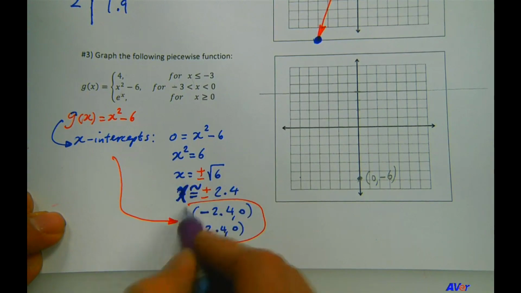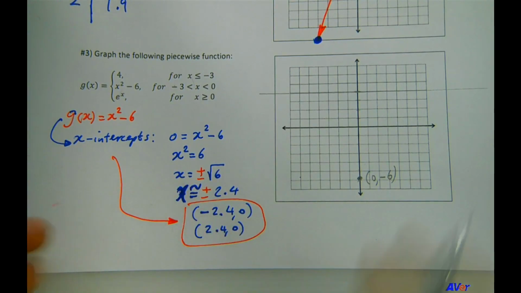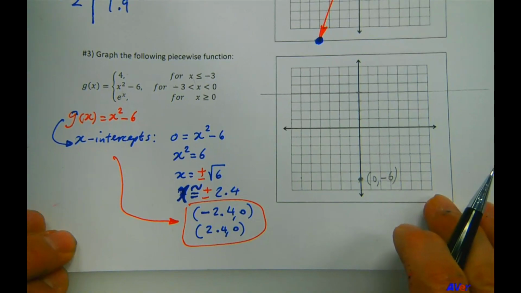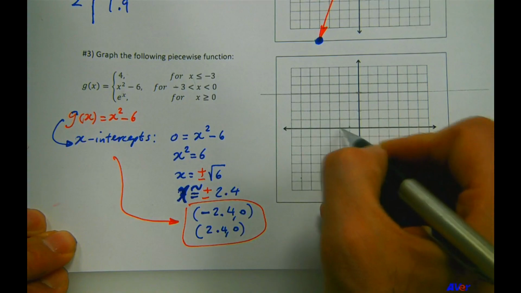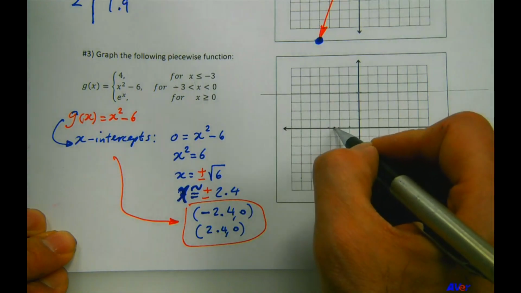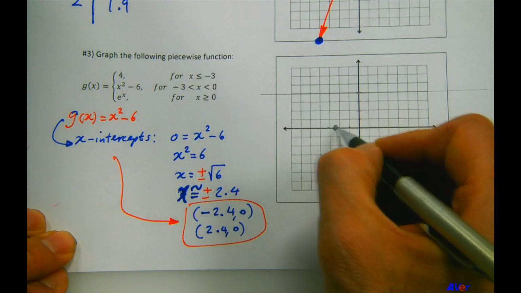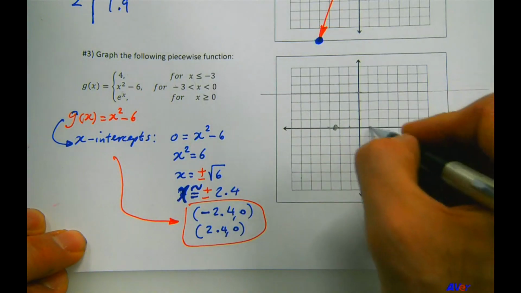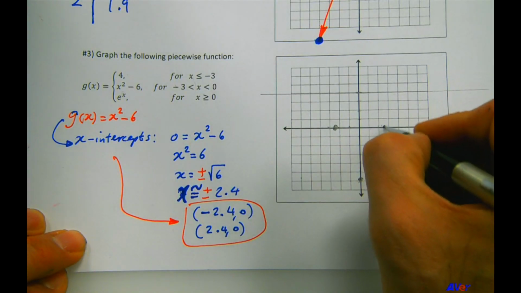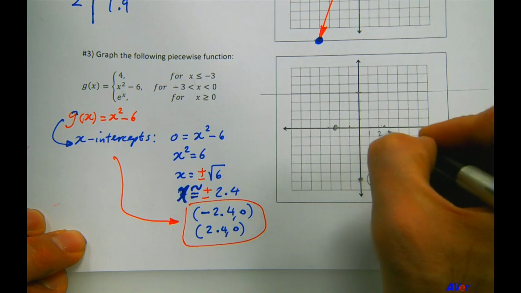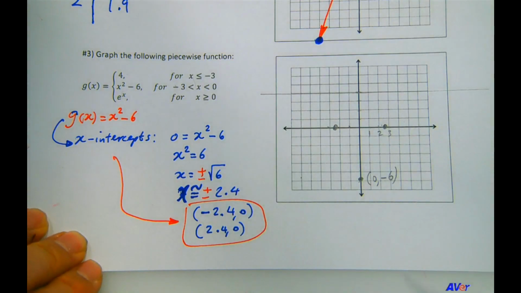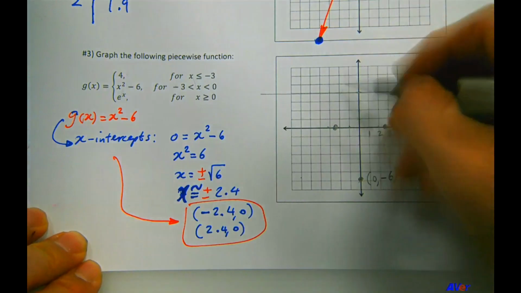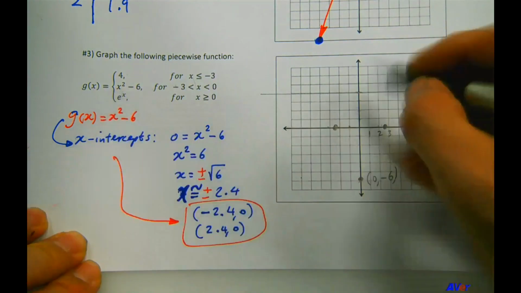These are the x-intercepts. And so minus 2.4, if this is 1, 2, 3, minus 2.4 would be somewhere here. And positive 2.4 would be somewhere here, because that's 1, 2, and 3. So that's positive 2.4, and that's the y-intercept. So I'm going to lightly draw the graph of this, x squared minus 6.